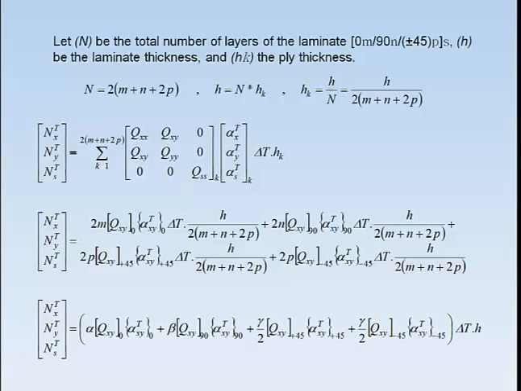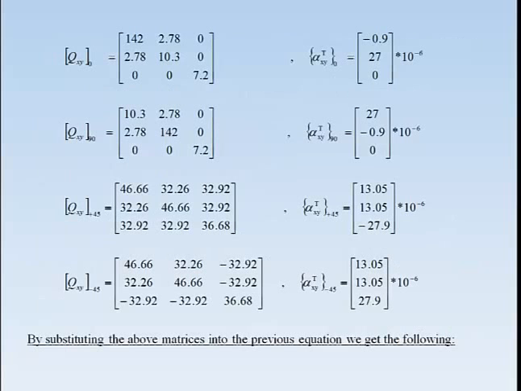These are the equations we are deriving to find out Qxy 0 degree, Qxy 90 degree, Qxy plus 45 degree, Qxy minus 45 degree. Similarly, the coefficients of thermal expansion alpha t xy for 0 degree, 90 degree, plus 45 degree and minus 45 degree.